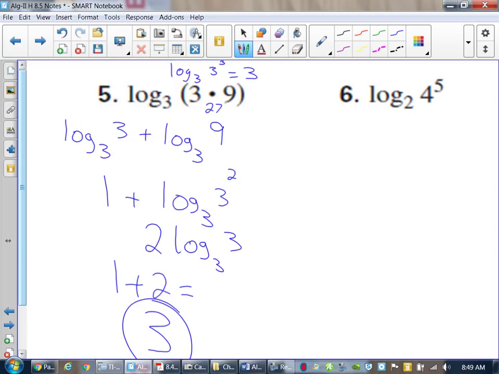Same deal in the next one. What I would have to do is move that 5 out front first. If I do that, I get 5 times the log base 2 of 4, which is 2 squared. The log base 2 of 2 squared is what? 2.